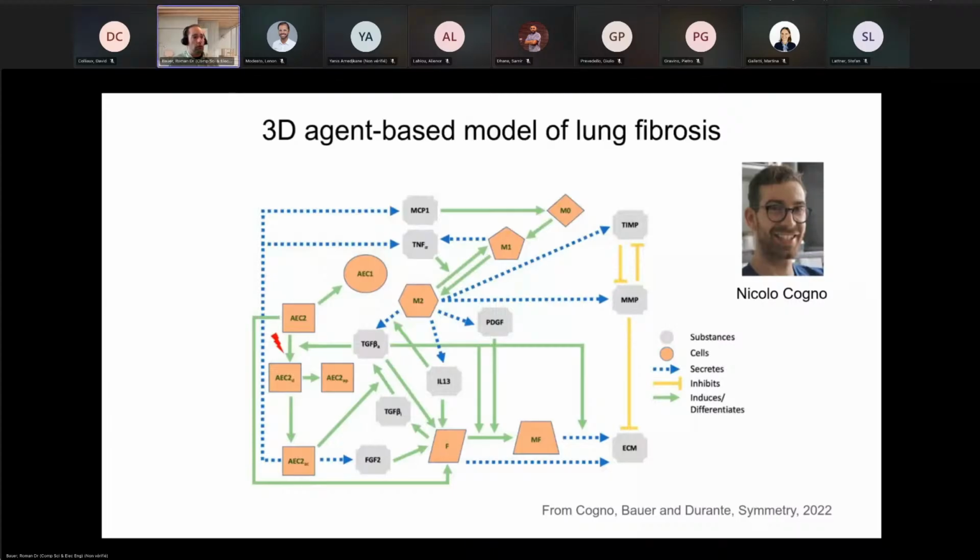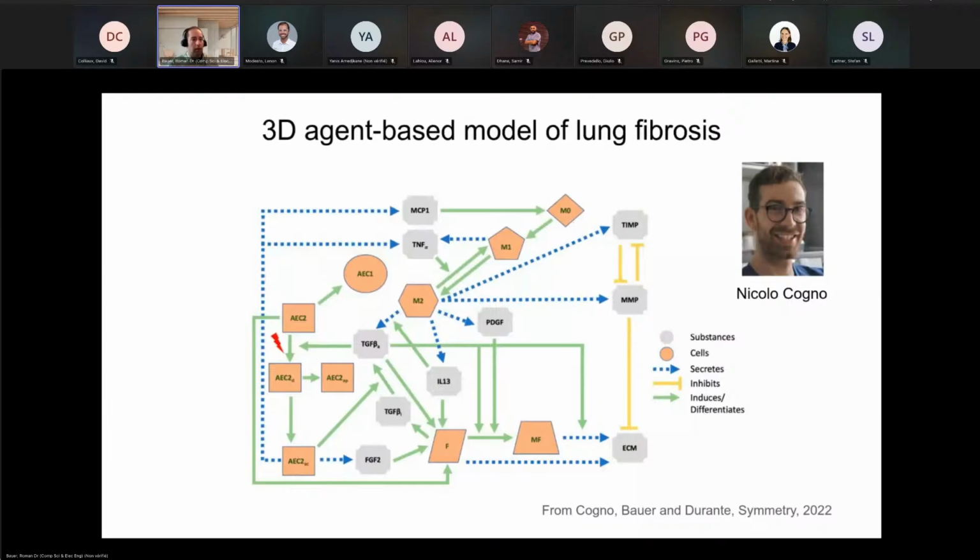But you also don't want to have too little radiation, of course, as you then won't affect the cancer cells significantly. And so what Niccolò did in several papers is he created a very biologically realistic and very sophisticated computational model of lung cancer in 3 dimensions.